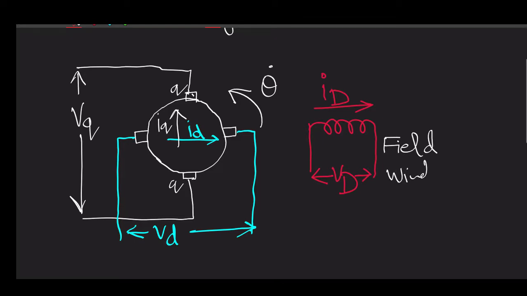Now, one thing, as I have already mentioned during discussion of DC machine, is that it is only electrically placed in quadrature, but in a physical machine it may be placed anywhere depending on the end connection.